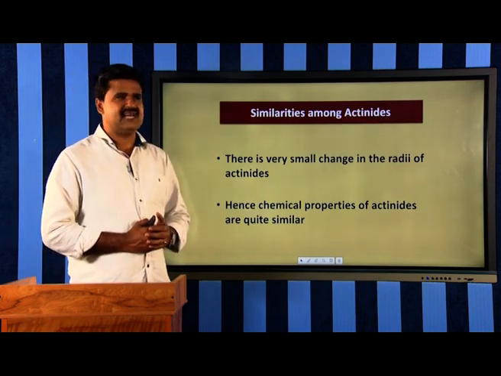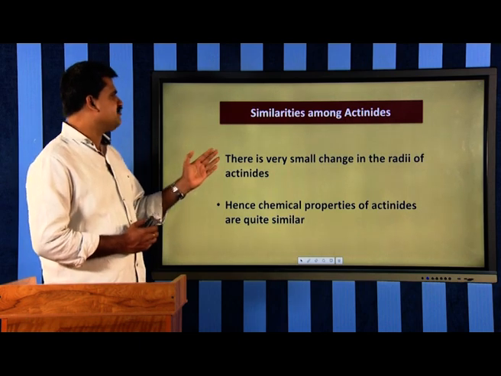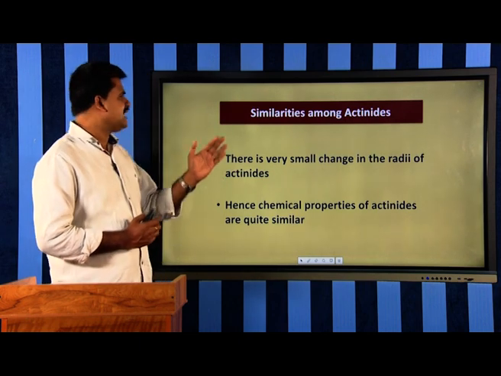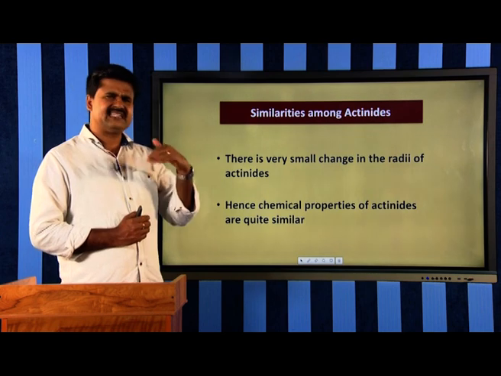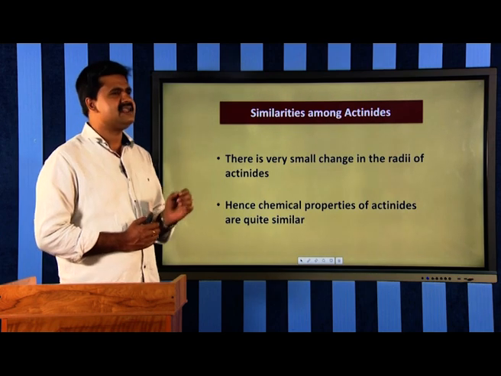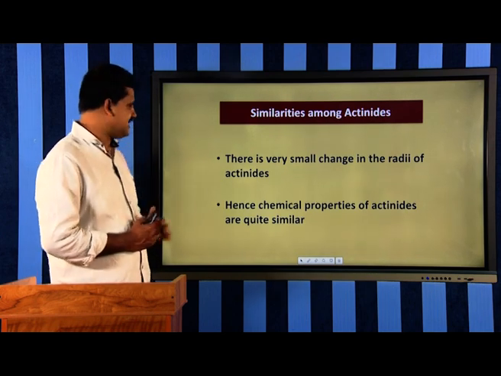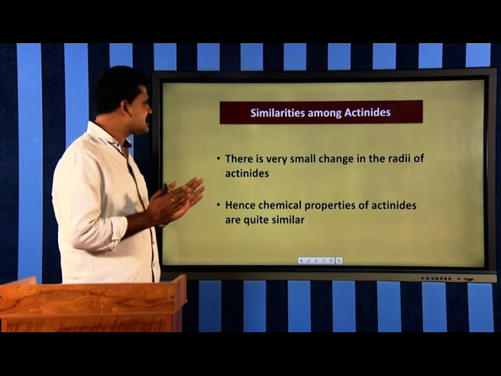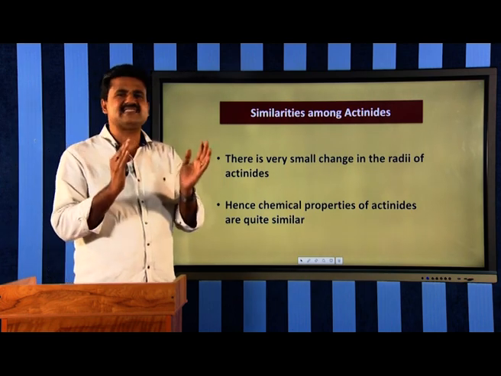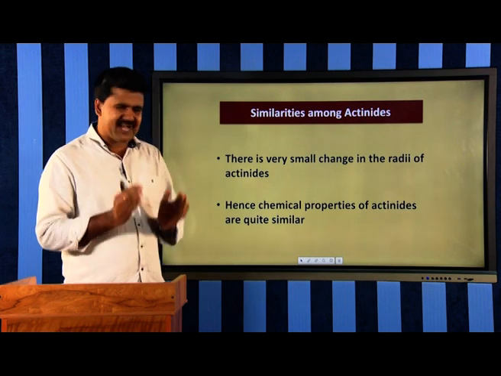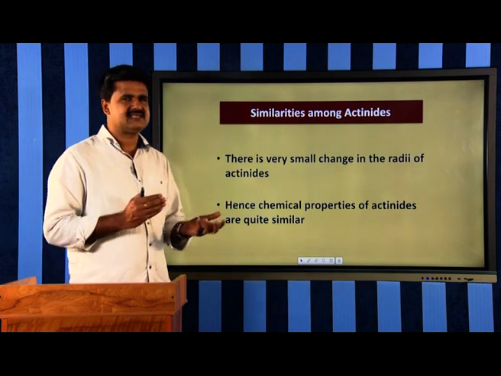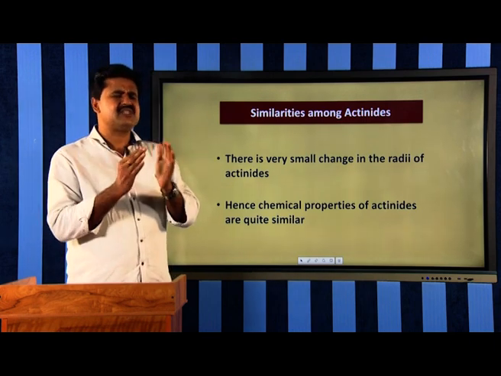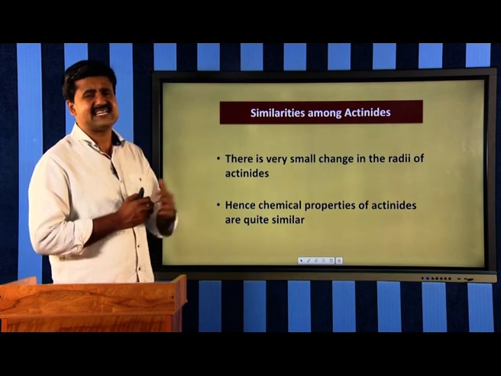Similarities among actinides. There is a very small change in the radii of actinides, either atomic radii or ionic radii. As a result of this very small change between actinide ions, we can conclude that there is not much size difference between two adjacent members of the actinide series.